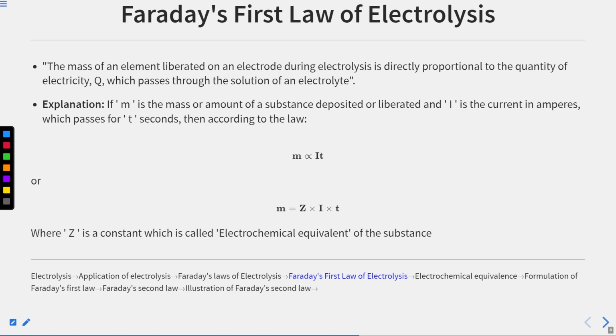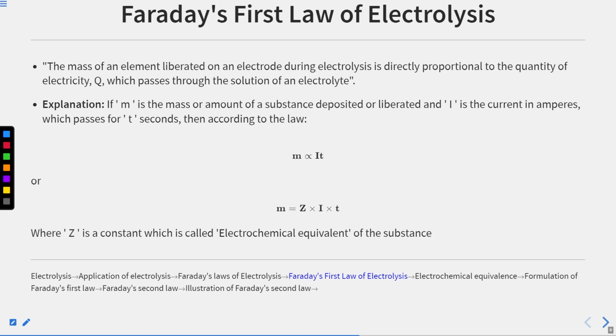We are slowly covering one metal with another with the help of current, doing a non-spontaneous reaction. Now, to quantify what mass of this element is liberated on the electrode and electroplated on the other, Faraday gave us the law.